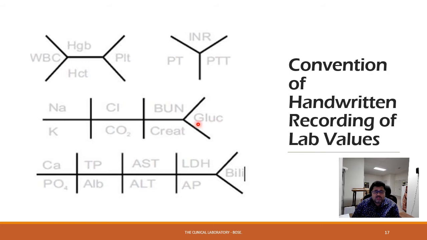This one is blood chemistry. It is showing electrolytes and other chemistry like sodium, potassium, chloride, carbon dioxide, blood urea nitrogen, creatinine, and glucose. And the last one is showing calcium, phosphate, and so on.